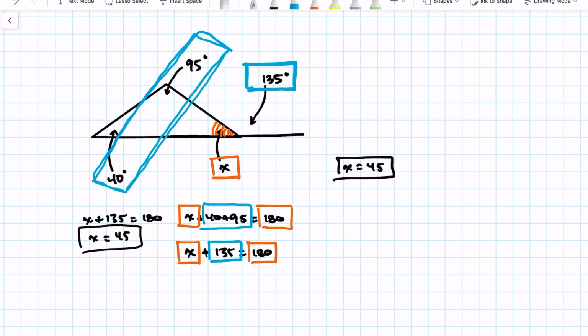And so you'll see that the angles on the inside of the triangle, let's call these angle 1 and angle 2, and let's call this one angle 3.